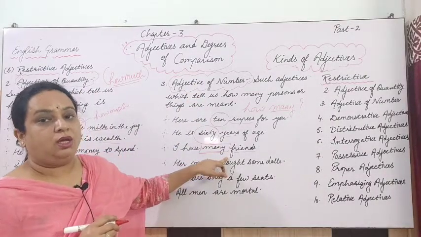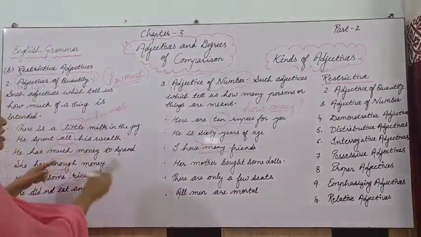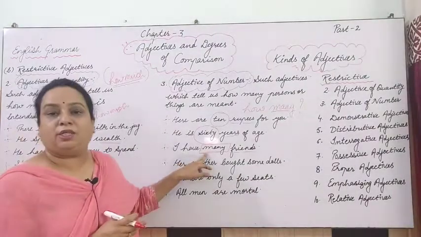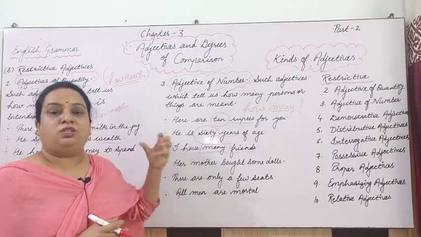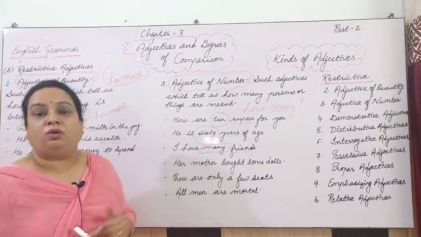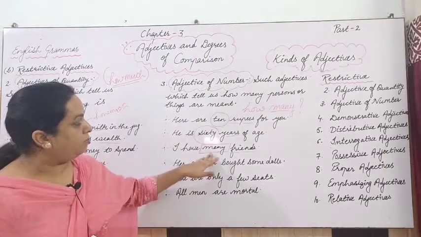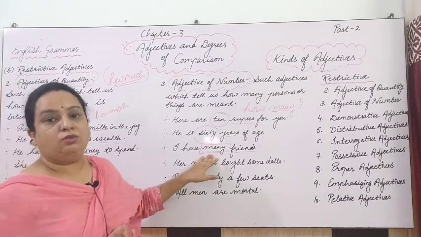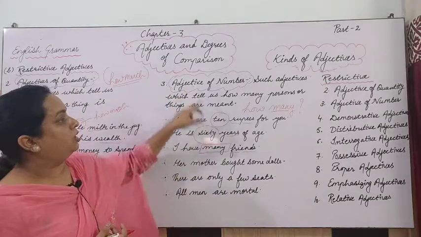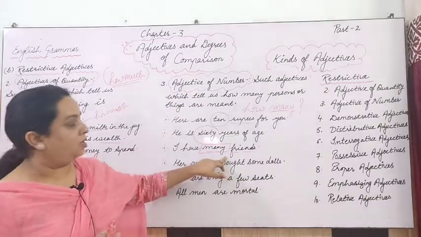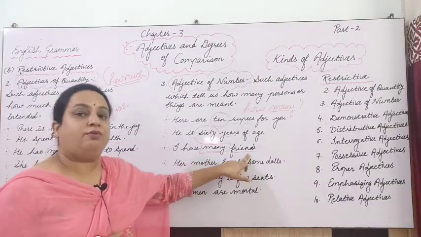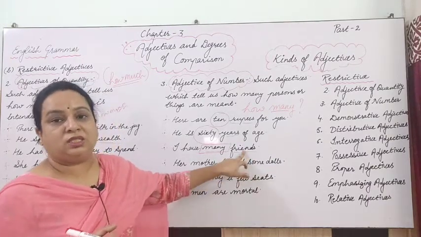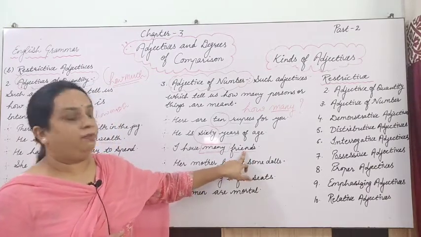Here this many will be substituted with "much" for things like much money, much work. But this word many is for countables, and works as an adjective of number, because of friend and friends. So "many friends" is an adjective of number.